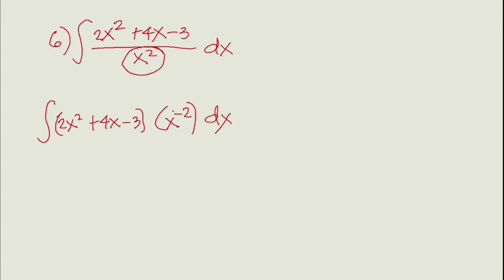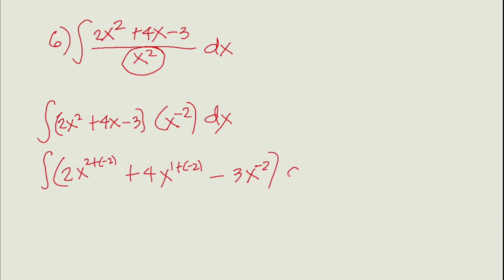Alright, so if we're going to combine this, if we're going to distribute, so integral of 2x raised to 2 plus negative 2, by the algebra, 4x raised to 1 plus negative 2, minus 3x raised to negative 2, then we have dx. Okay, let's take note, all of these have dx.